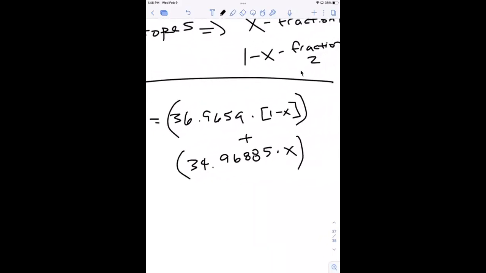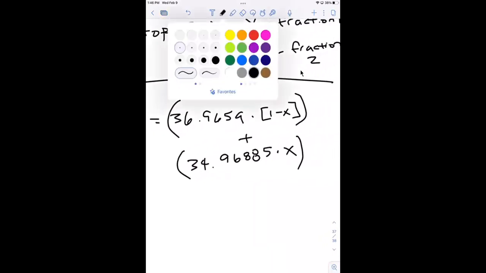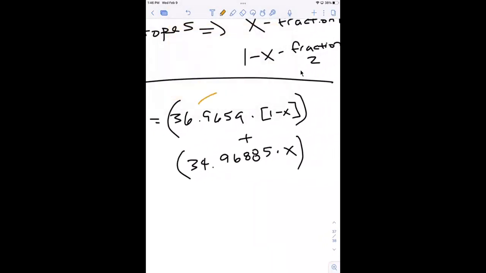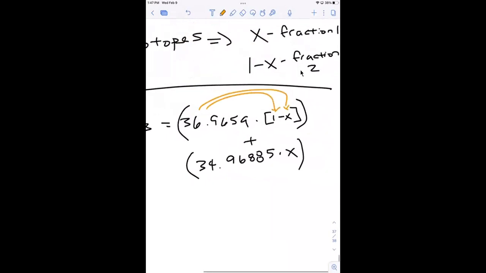All right. So we need to distribute this term. This is just this times that, and then that times that.